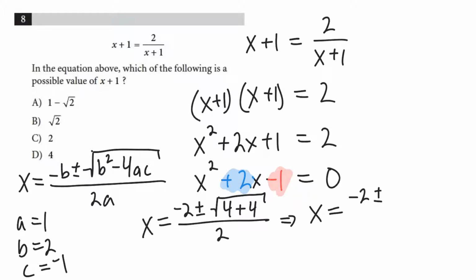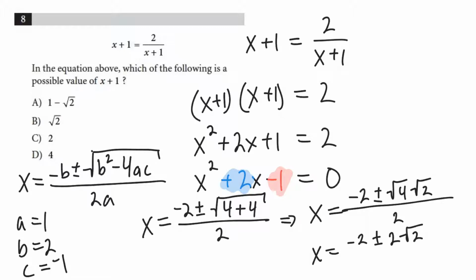To simplify that, I would write it as the square root of 4 times the square root of 2, all over 2. The square root of 4 is just 2, so it would be negative 2 plus minus 2 root 2 over 2.